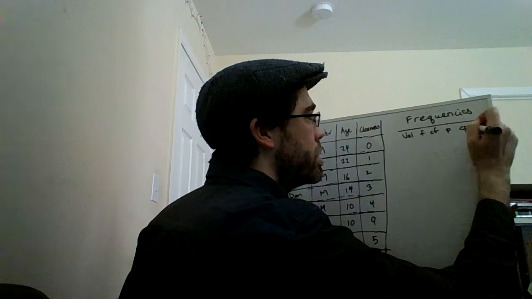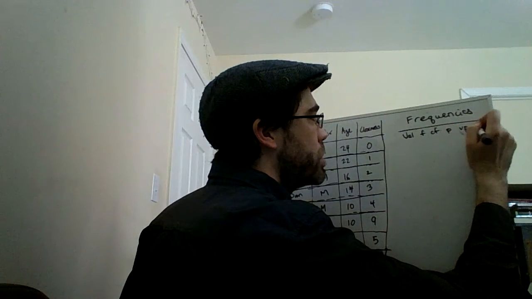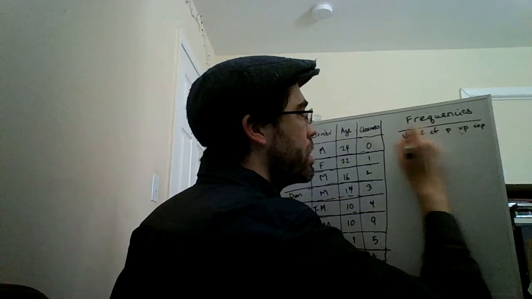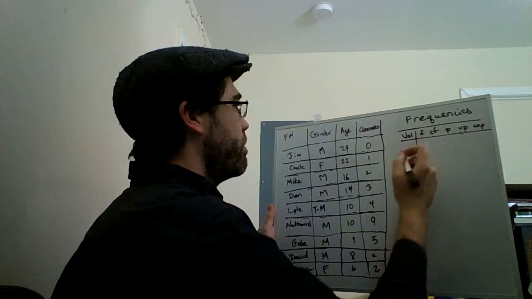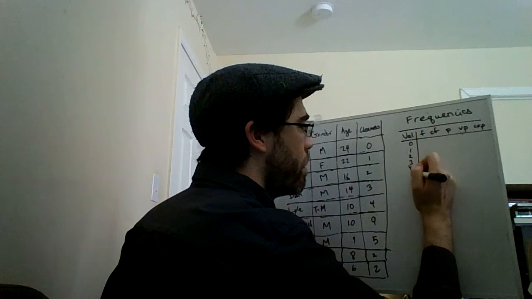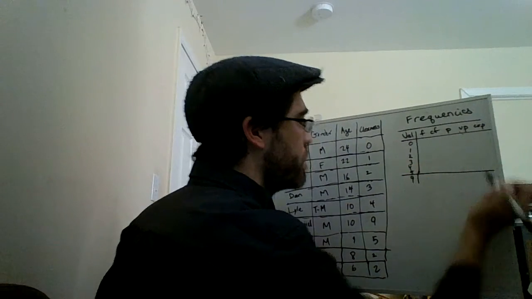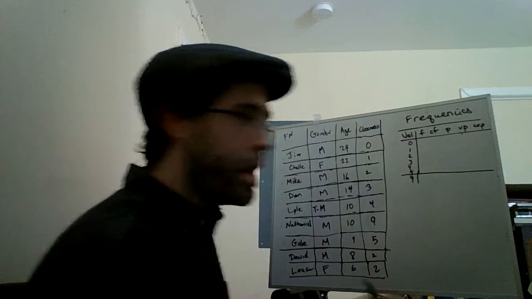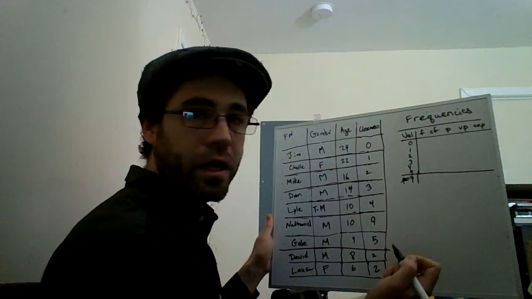Cumulative proportion, valid proportion, cumulative valid proportion. Okay, and so now for closeness we have values 0, 1, 2, 3, 4, 5, and 9. I put an extra bar there to denote that 9 is missing data. So that's missing data.